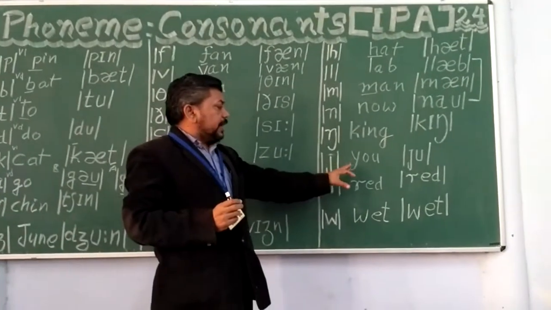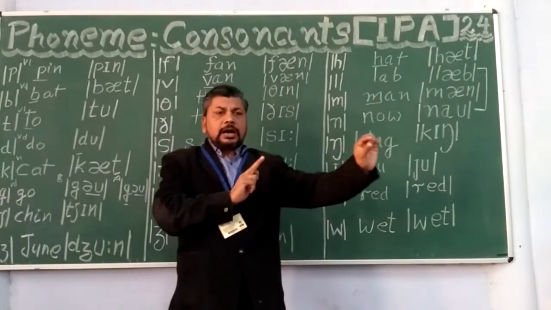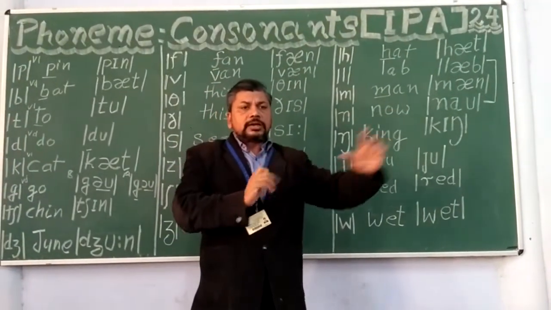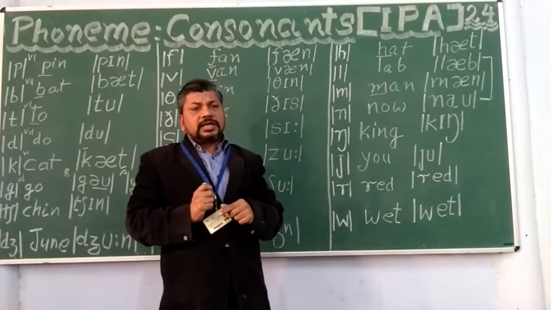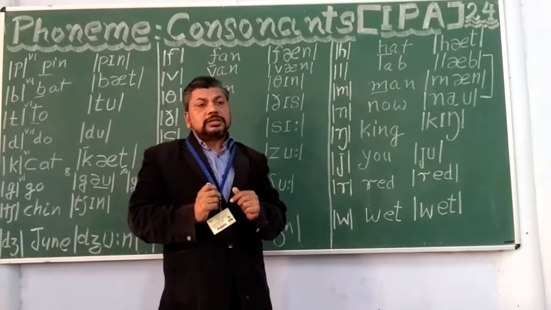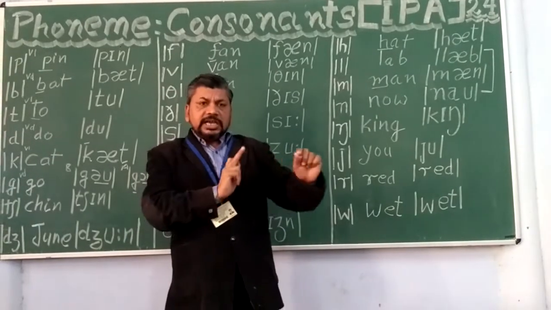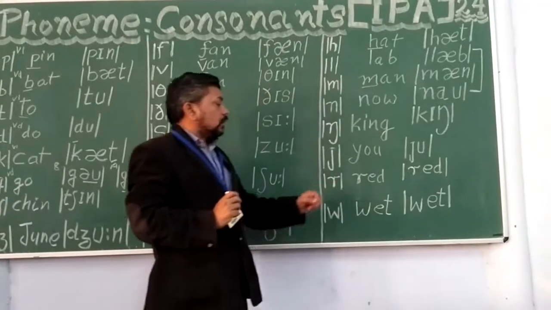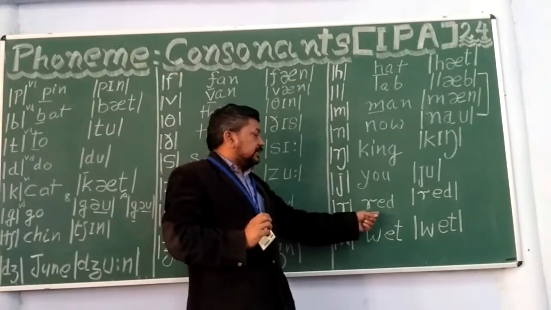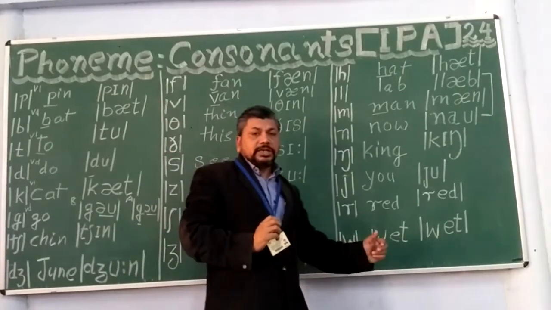This enables you to differentiate between EAR and YEAR. Then there comes ra, as in red, and wa, as in wet.